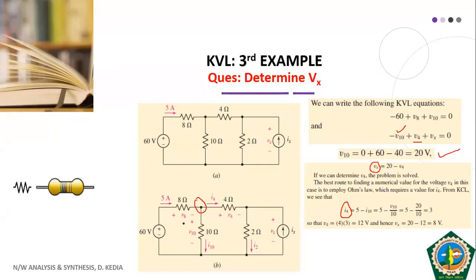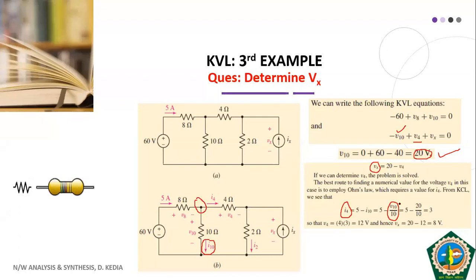In this node, 5 ampere is entering. I10 is the current coming out of this node. And what is the value of I10? I10 is V upon R, that is V10 upon 10 ohm, and the V10 value we have obtained as 20 volt.